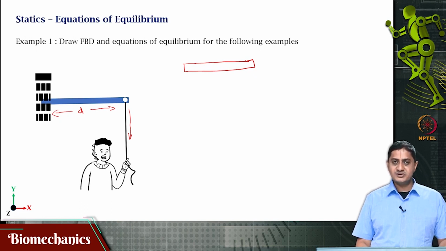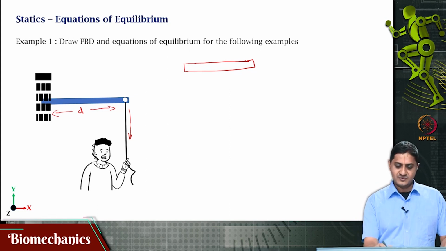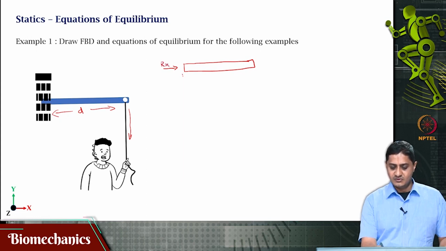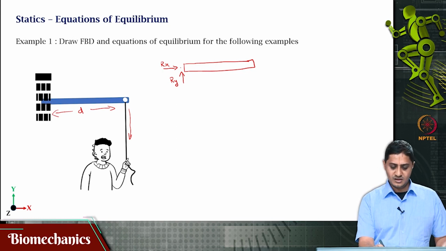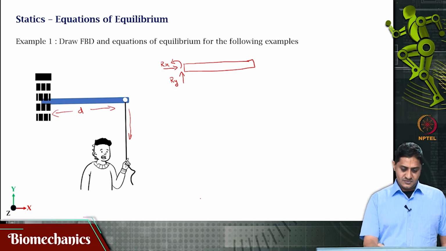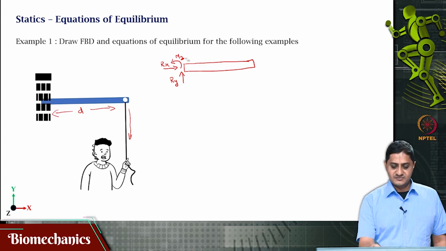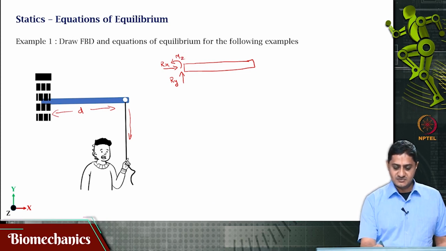In this case, because the contact at the wall has been removed, that will be replaced by one force along the long axis of the beam, one force that is perpendicular to the long axis of the beam, and one moment, which I am going to call mz.